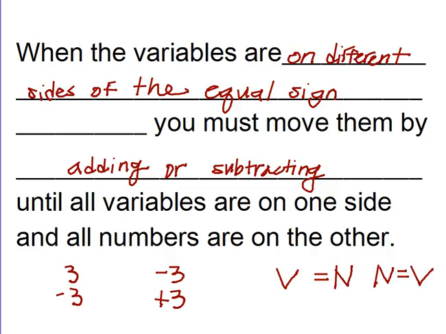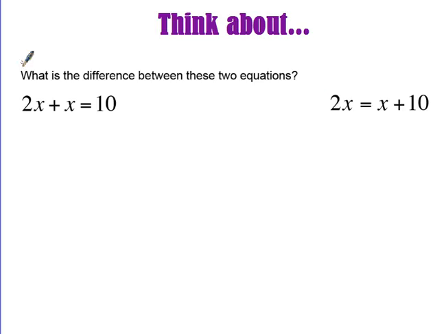So let's go back to the first part and talk about an example. In this equation, you have 2x and x. So basically you have variables on the left side and you have a number on the right side. But then in the second equation, you have a variable on the left side, and you also have a variable and a number on the right side.